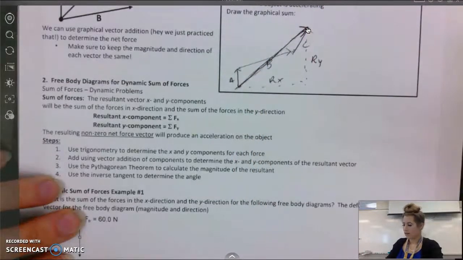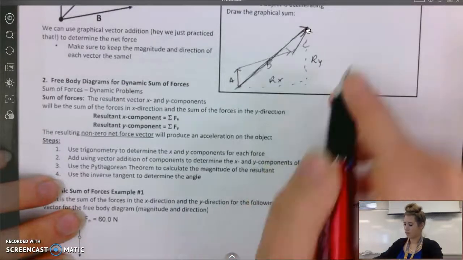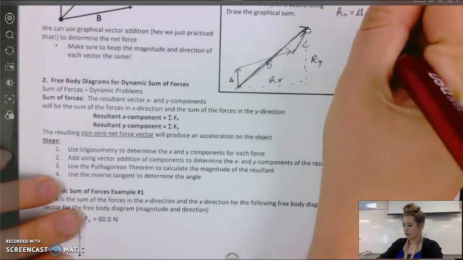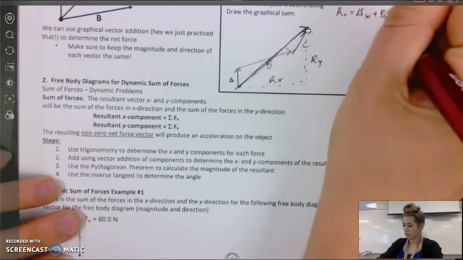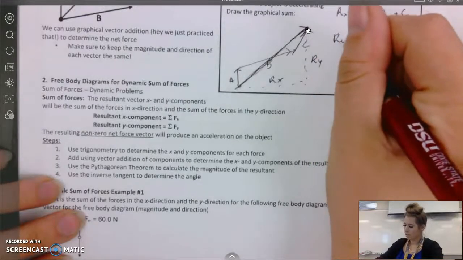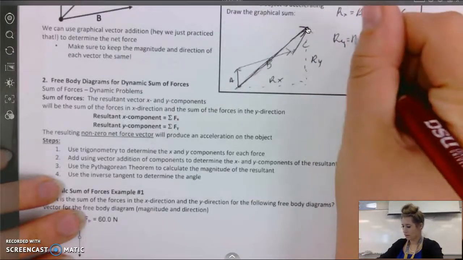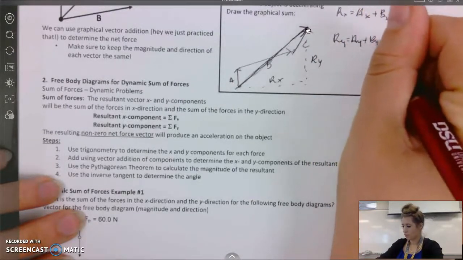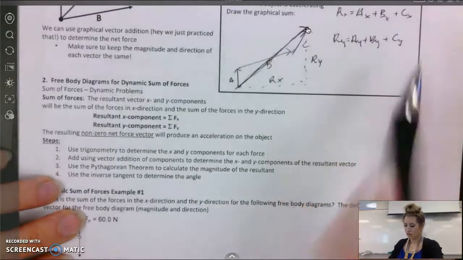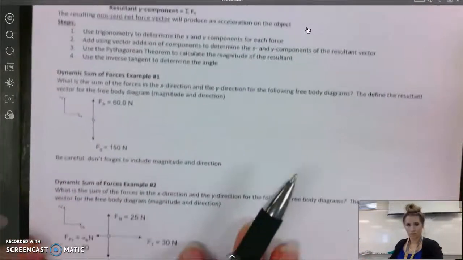Okay? And all the r sub x is the x components of A plus B plus C in this situation, because we had 3 vectors involved. And then the r sub y, well, that's just going to be A sub y plus B sub y plus C sub y. And we use our trig to find these different components there.